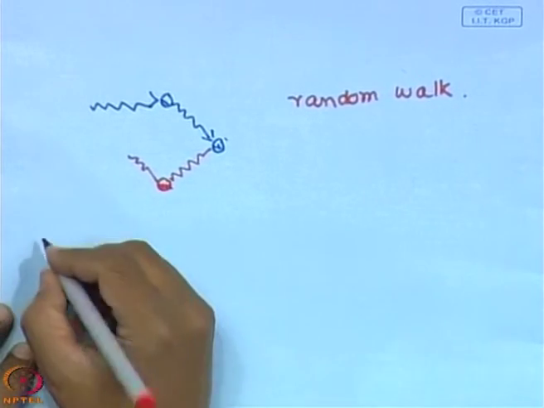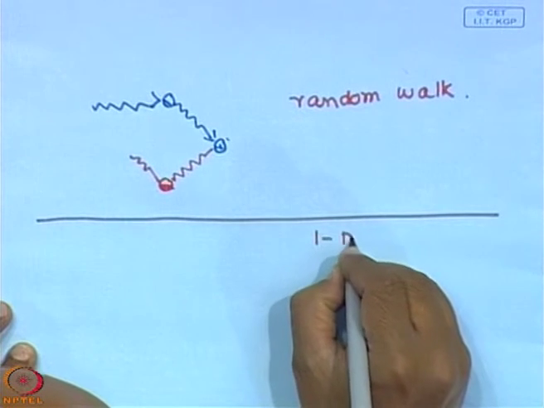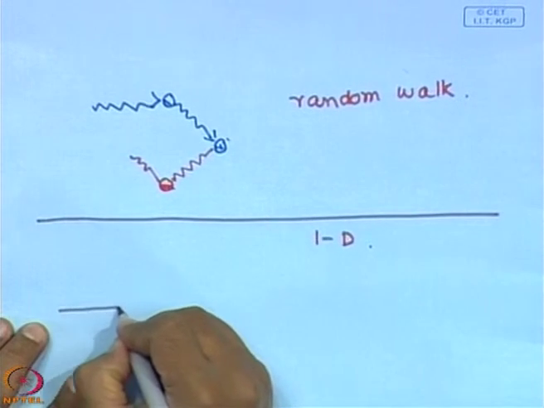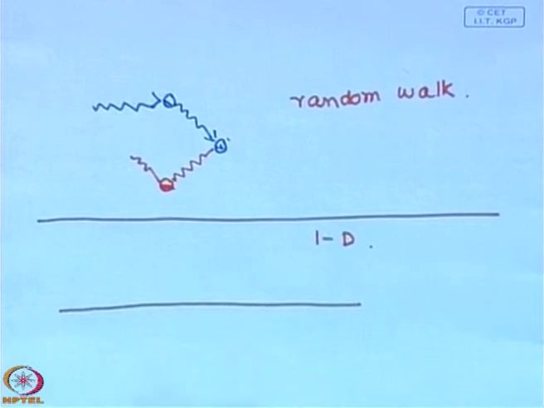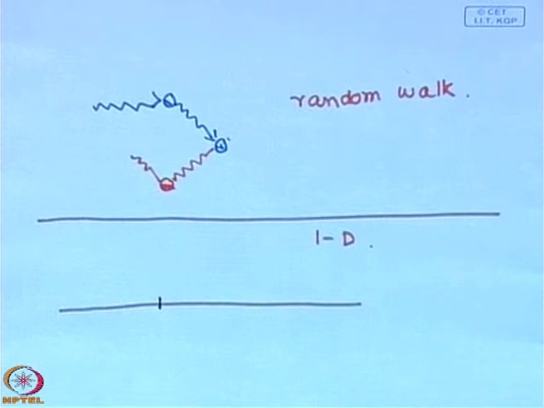To analyze this, let us consider a random walk in one dimension. So, there is a one dimension x, you can call it x axis, and my photon starts off from here. In 1D, it is quite simple, it can either go to the left or to the right.